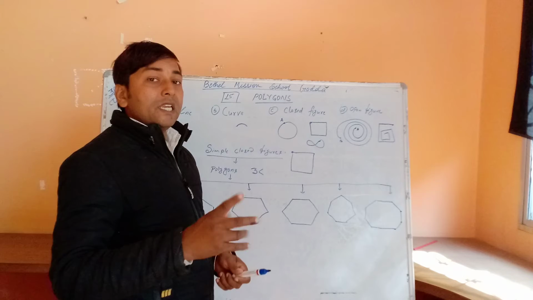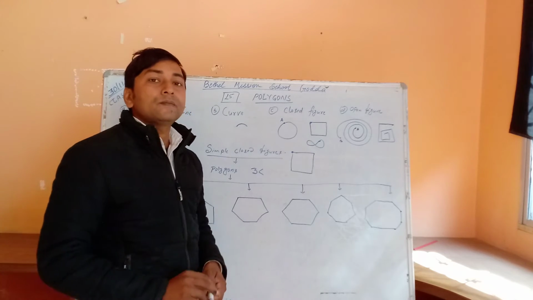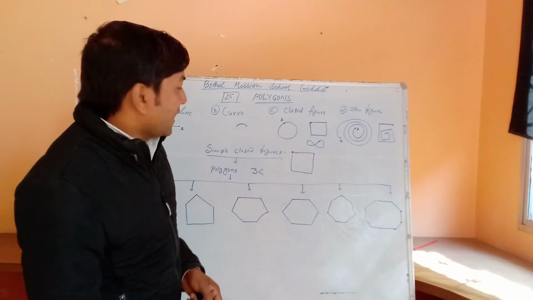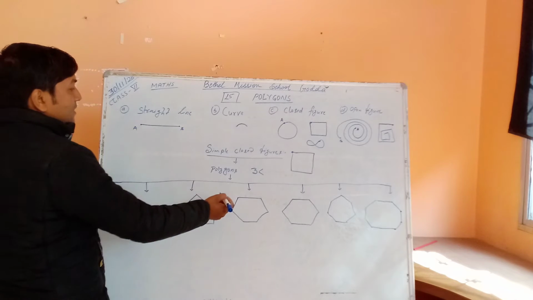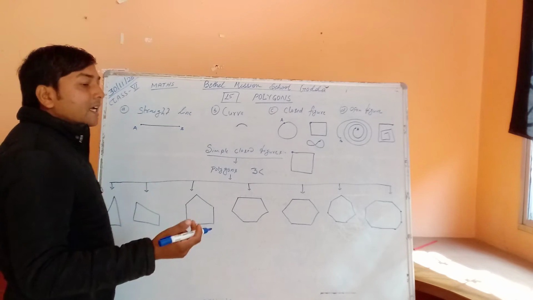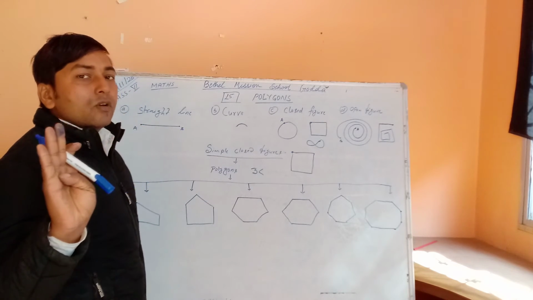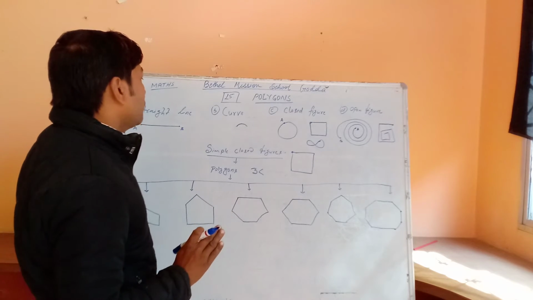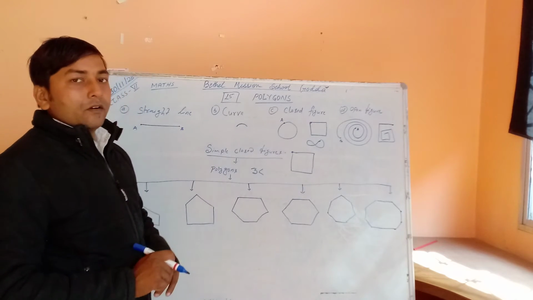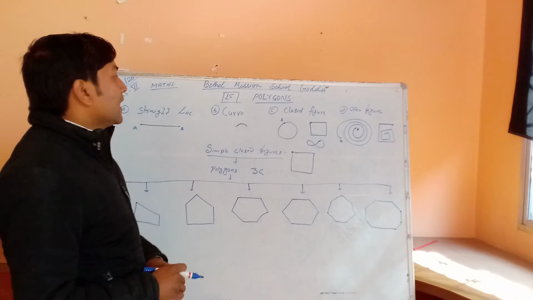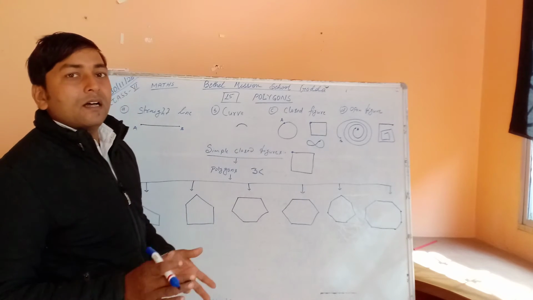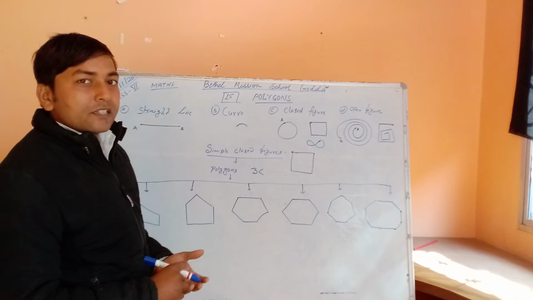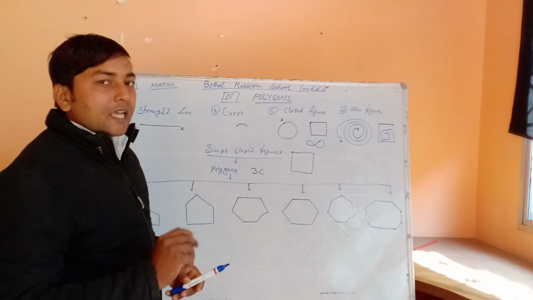Poly means many and gons means sides. You have to take at least 3 sides to make a polygon. In 2 sides we cannot make a closed figure, that's why we take at least 3 sides.